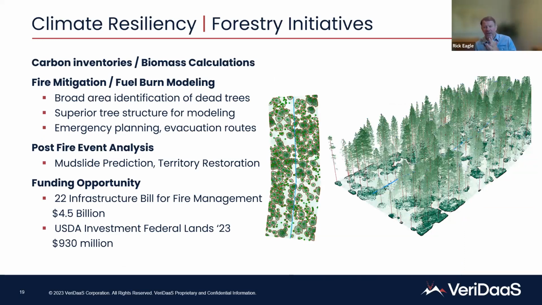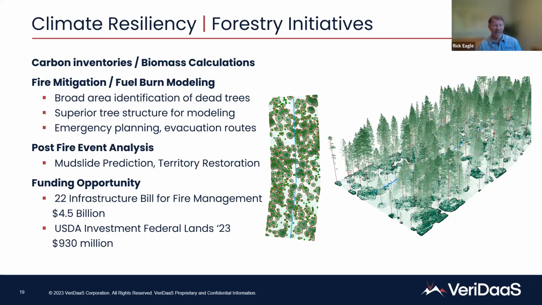Let me talk a little bit now about climate resiliency and forest structures. Being able to do individual tree segmentation and do things like you see in these images, where we're actually identifying the center lines of all the individual trees, helps us in a lot of different analytics, from fire mitigation to being able to do accurate fuel burn modeling by being able to see the understructure, the trees that might be laying on the forest floor.